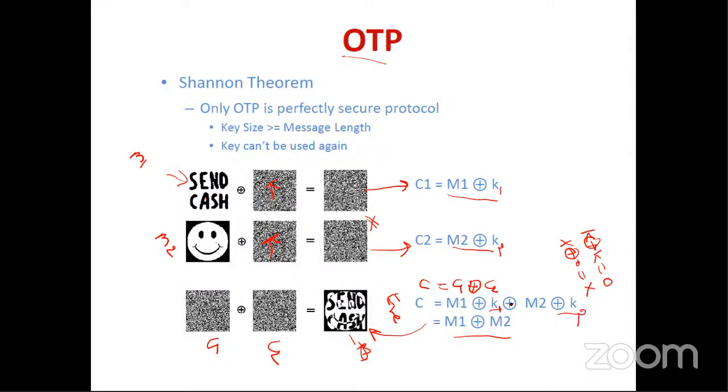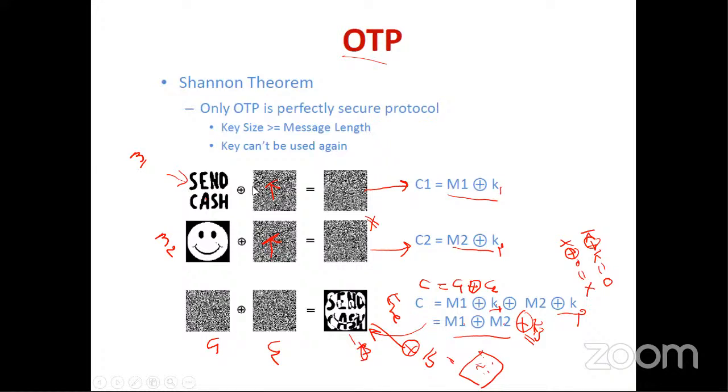Since K1 and K2 are completely random, let's suppose K1 XOR K2 is some K3, which is also completely random. Then if you XOR M1 XOR M2 with K3, a completely random thing, you will get a completely random thing. So you cannot make out any information from this.